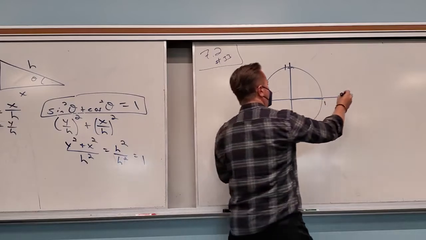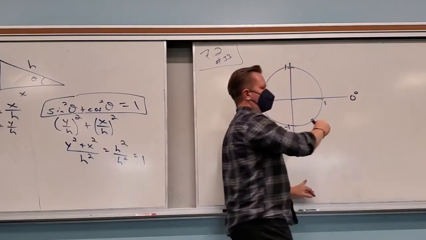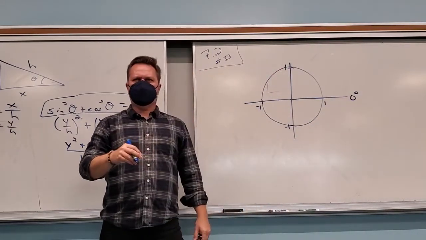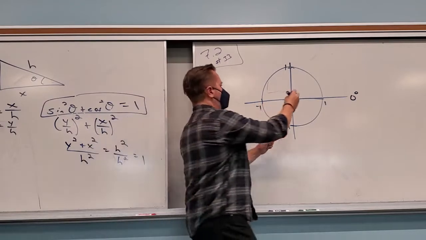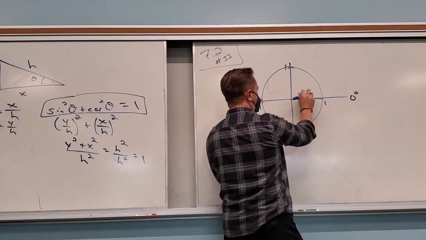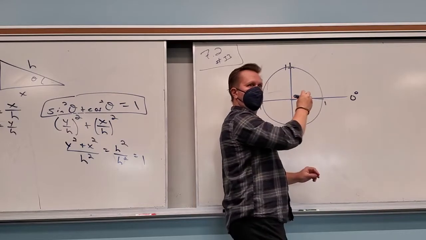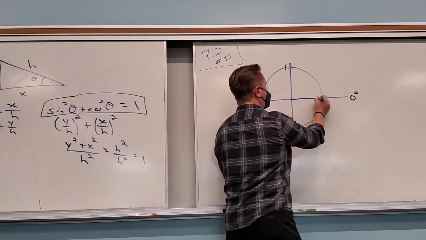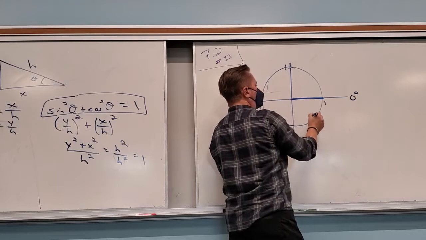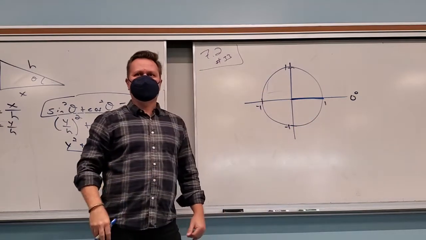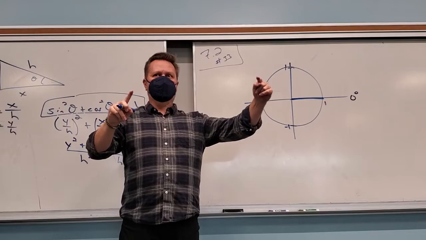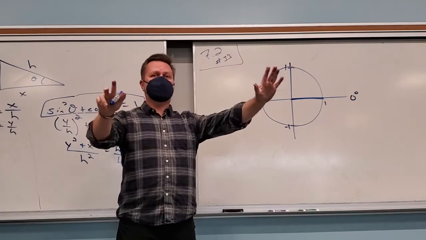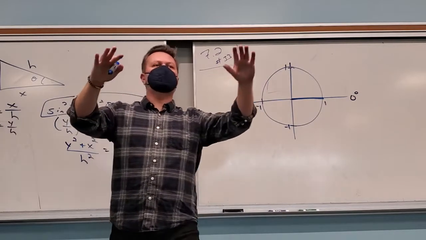So if I am at 0 degrees, right? I can't make a triangle. To make a triangle, I have to move it up a little bit. Then I can make a triangle, correct? But you can tell me right here, what is the x piece? How long is x? 1. The whole thing is x, correct? Which trig function likes x?